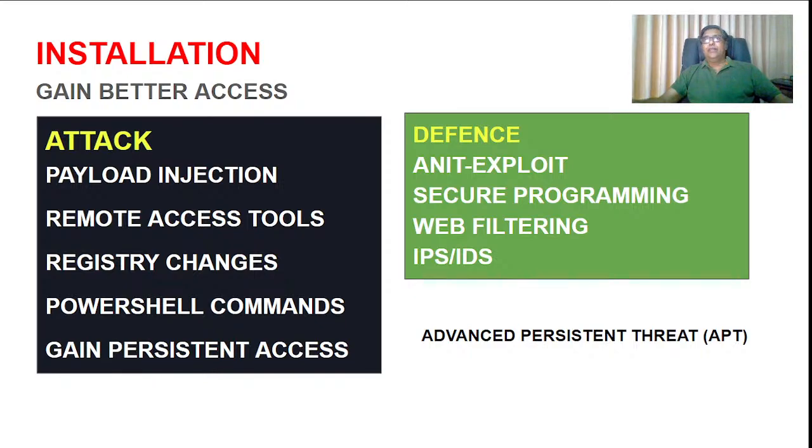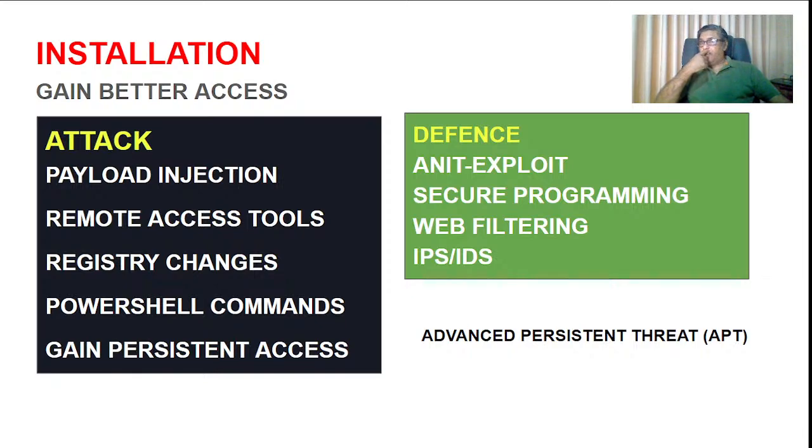Your ERP server can be controlled from outside. It's a networked world. Registry changes, PowerShell commands, and gain persistence access. And dwell in the system, live in the system for a long time. You don't know. And the defense is anti-exploit mechanisms.